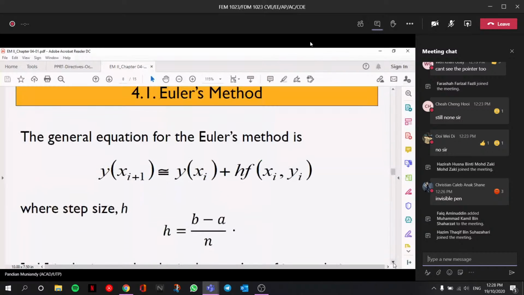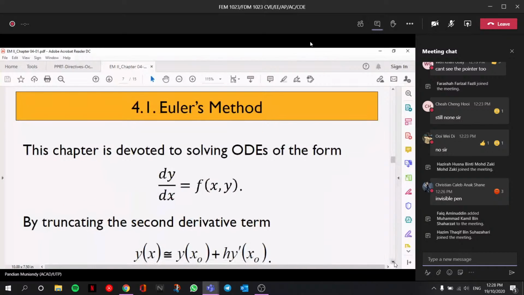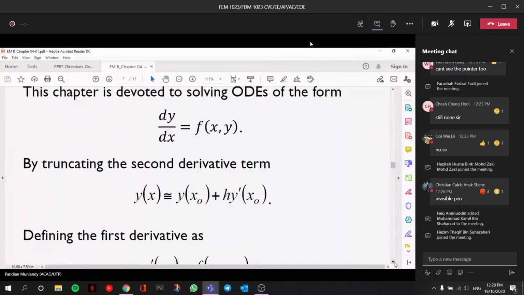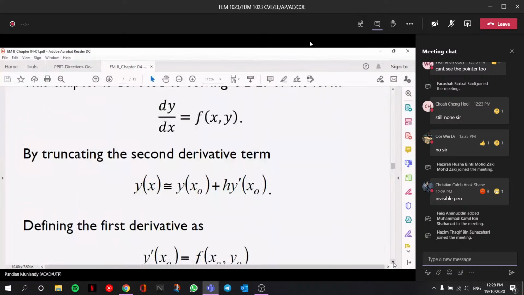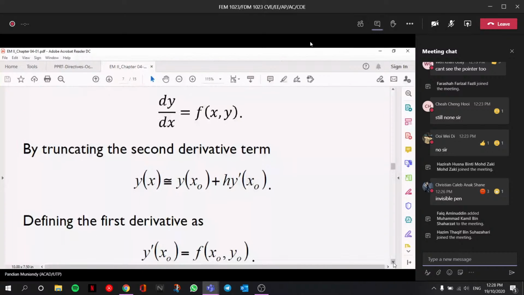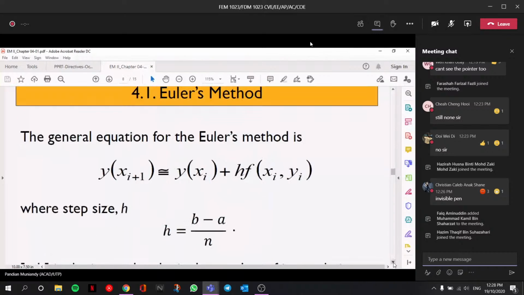This is the method. Slide number 7 is just to show how the second term was truncated, that means vanished, so you have only h y dash. Now, the Euler method works like this.